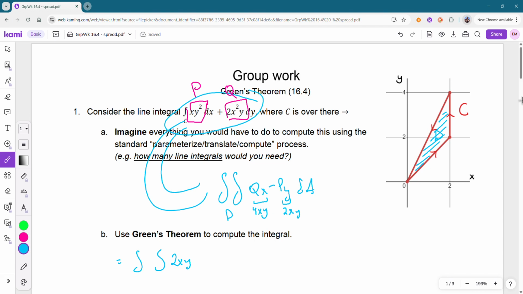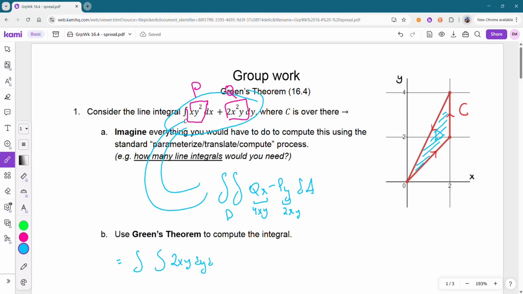Here we need to decide if we want to integrate by setting x and moving y, or setting y and moving x. Setting y and moving x would give us two double integrals, so we definitely want to set x and move y.